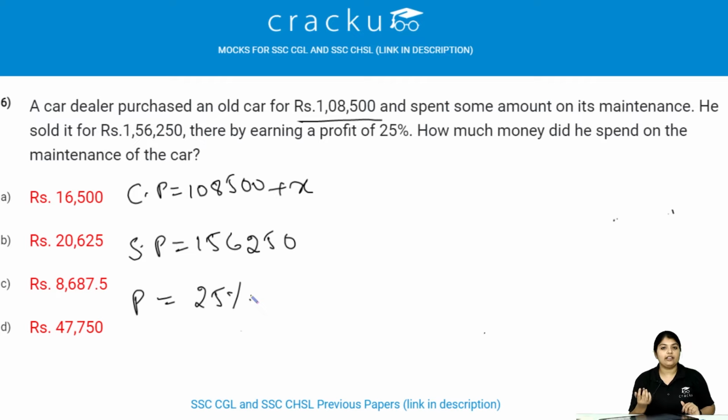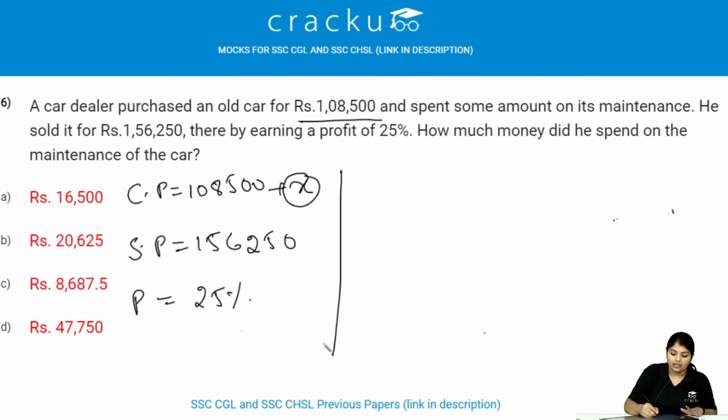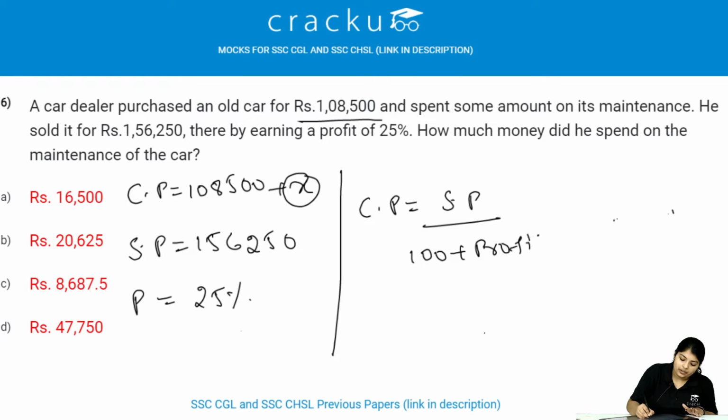How much money did he spend on the maintenance cost? So we need to find X. We know the formula, CP is equals to SP by 100 plus profit percentage into 100.